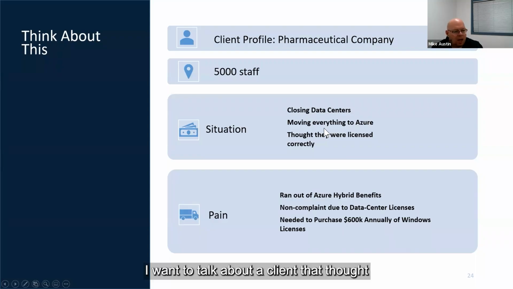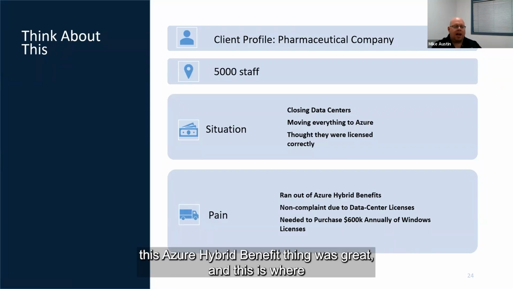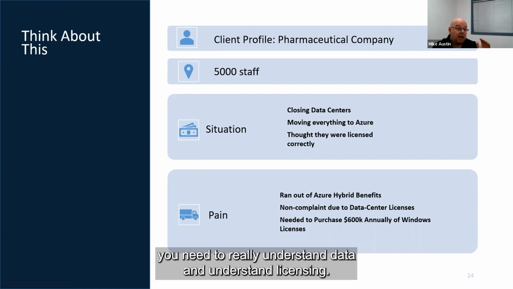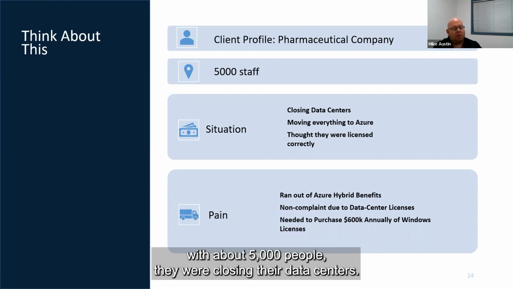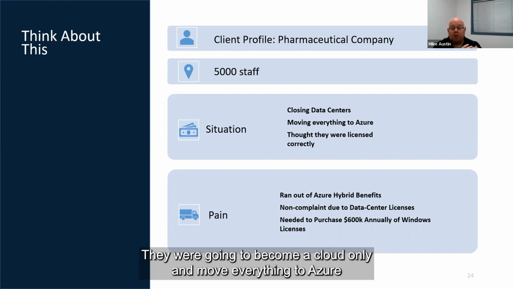Now, I want to talk about a client that thought this Azure Hybrid Benefit thing was great. And this is where you need to really understand data and understand licensing. A pharmaceutical company that had about 5,000 people. They were closing their data centers. They were going to become cloud only and move everything to Azure.